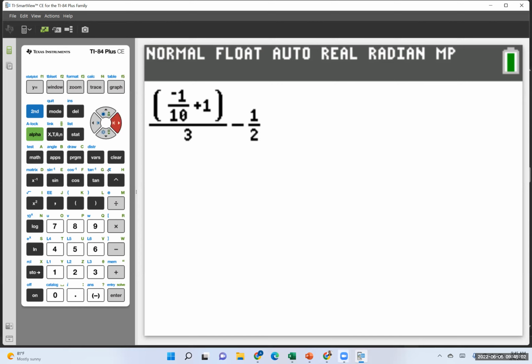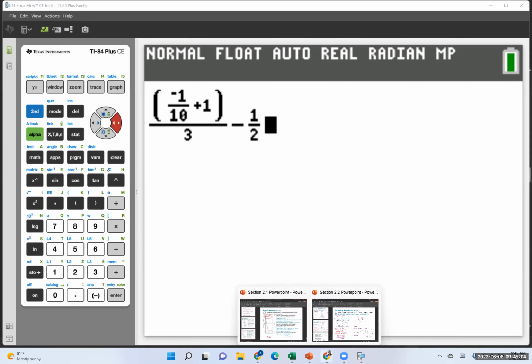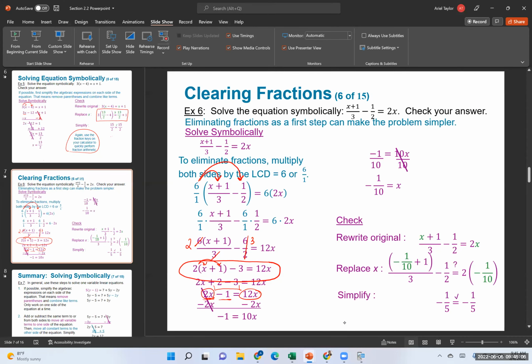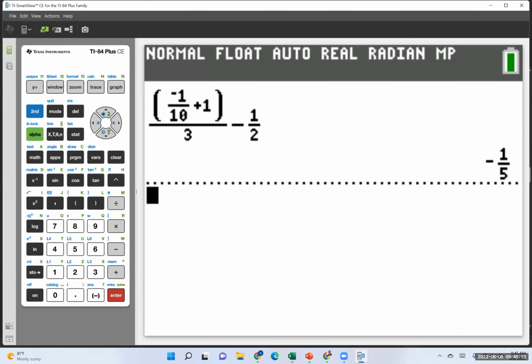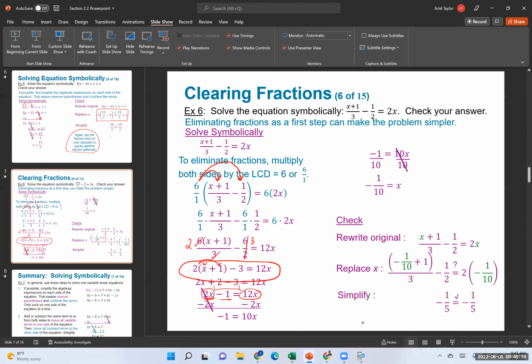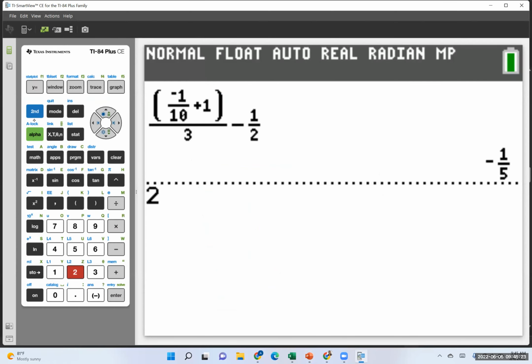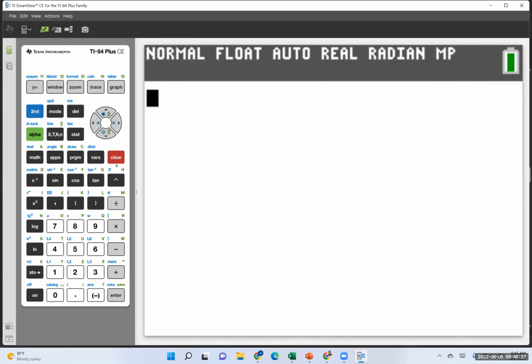Let me make sure I typed that in correctly. That's correct. Push enter. Then on the right-hand side, we had 2 times x. So we just put 2 times, no, there's no undo button.